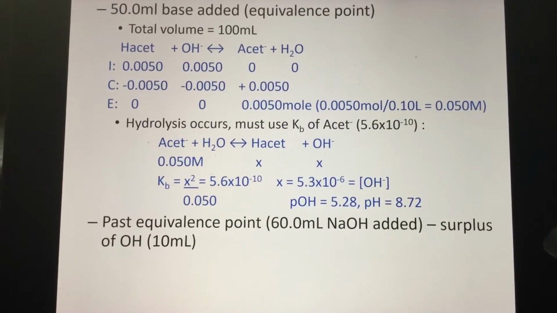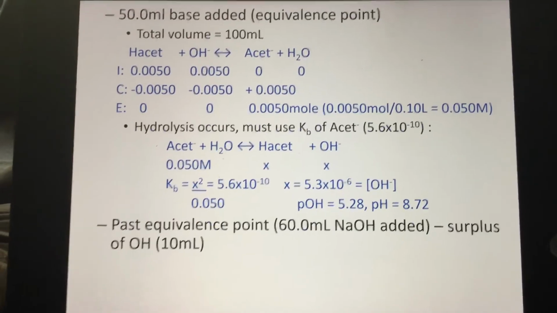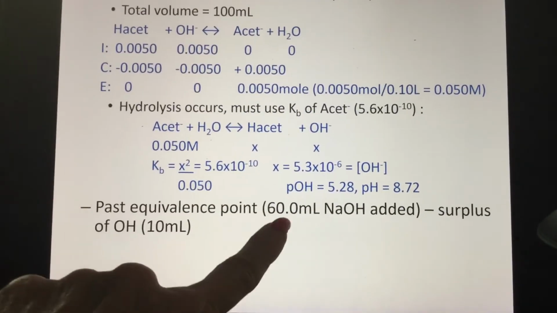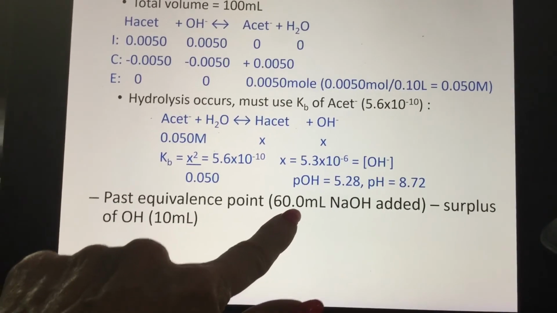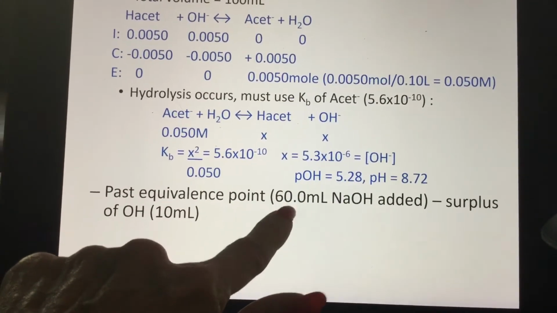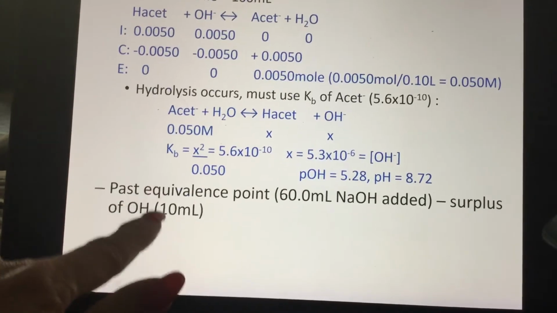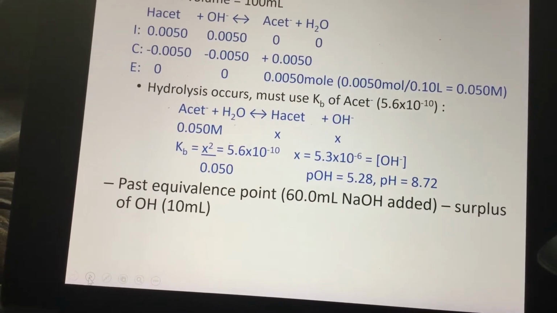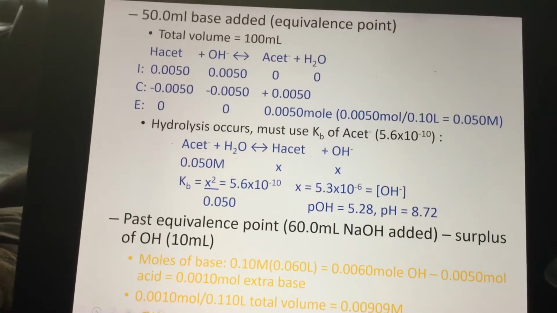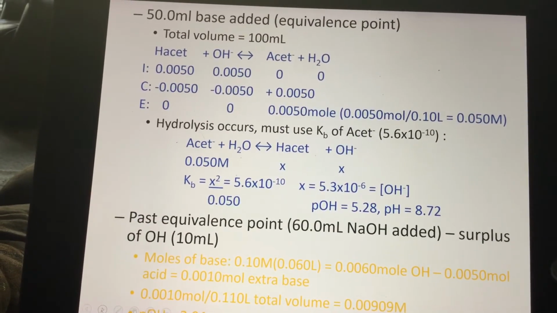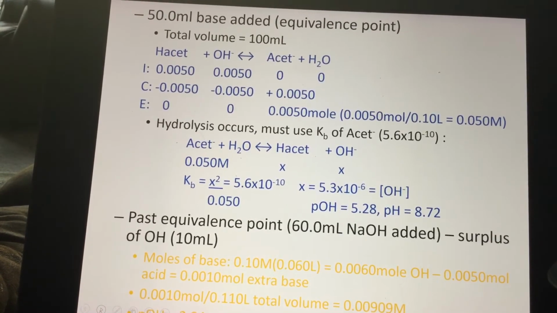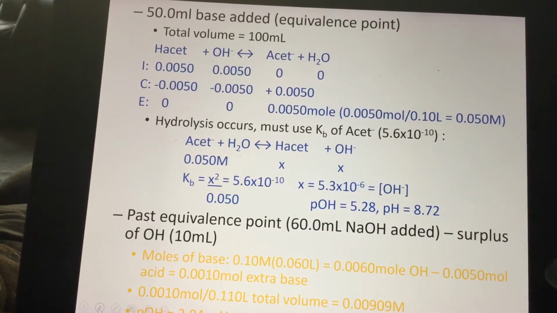So we determine our pH based on the surplus of hydroxide ion. In this case, with 60 milliliters of sodium hydroxide added, that means we have 10 extra milliliters of hydroxide ion floating around. Well, there's no acetic acid for that extra 10 milliliters of hydroxide ion to react with.